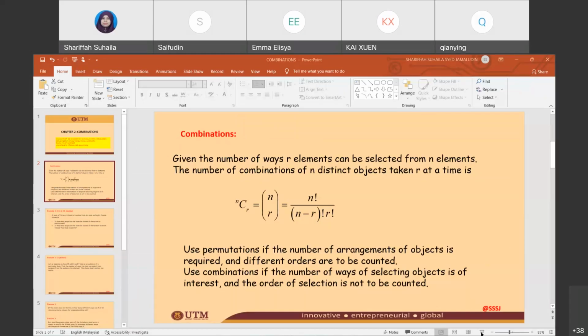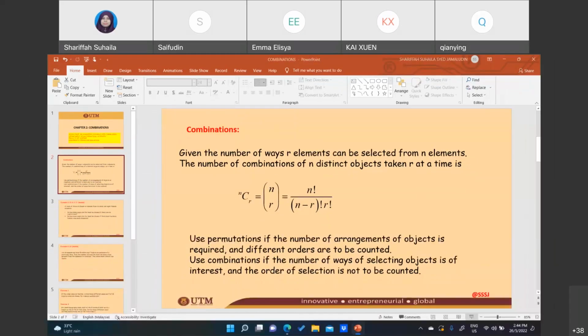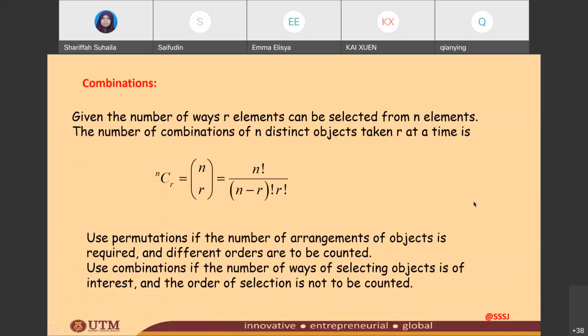So we look at the concept of combination. Given the number of ways R elements can be selected from N elements, the number of combinations is N distinct objects taken R at a time. How many you can choose is NCR.